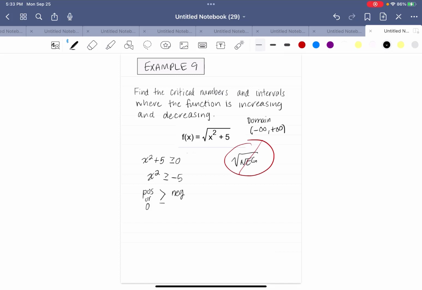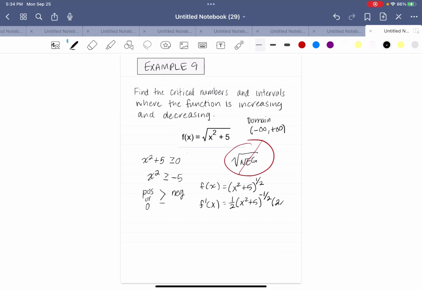Now to take our derivative, the first thing we want to do is rewrite this square root with a 1/2 power. And then we want to take our derivative by doing the power rule. It's power times the base to the power minus 1. So 1/2 minus 1 is negative 1/2.